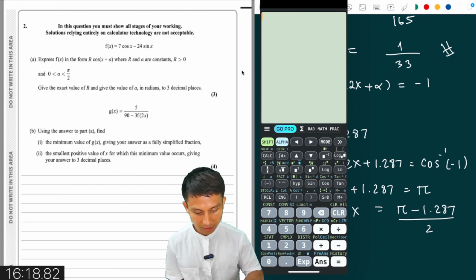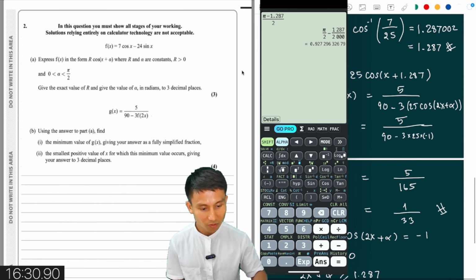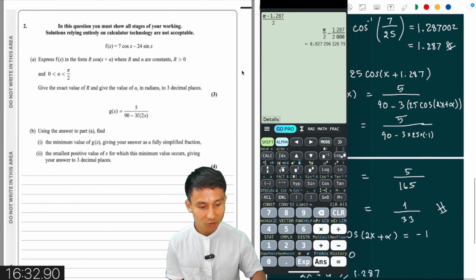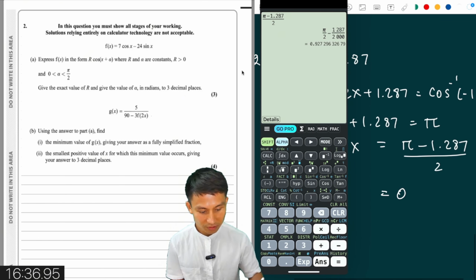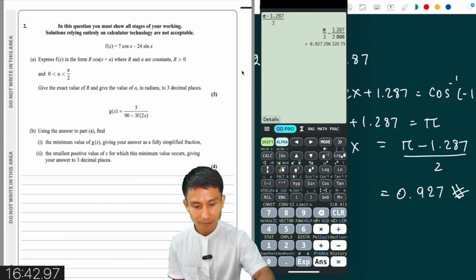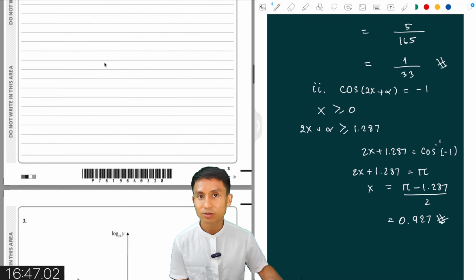That is my x there, (pi minus 1.287) over 2. So this is 0.927 to 3 decimal places. That's it, I think I'm okay with that. Let's go to the next one.